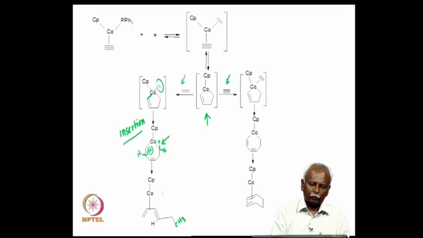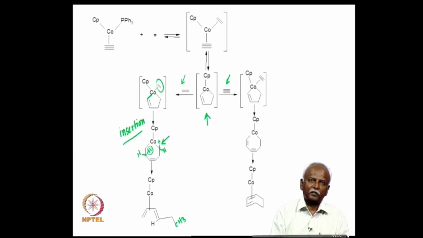So, you now have a butadiene, which is coordinated to the cobalt, but again you have had a reaction in such a fashion that cobalt has undergone a reductive elimination, and the vinyl group, the alkyl group, the CH2 unit has abstracted a hydrogen.